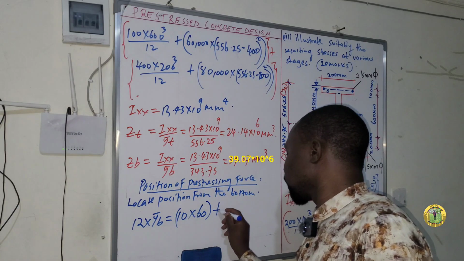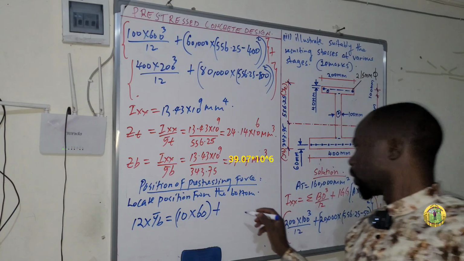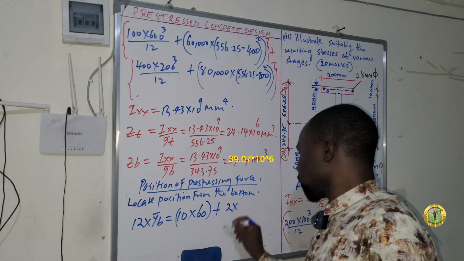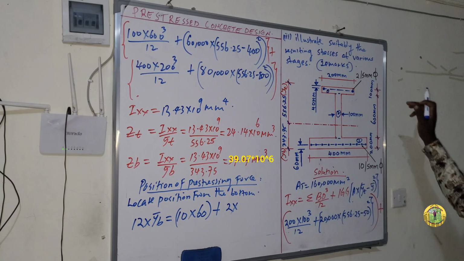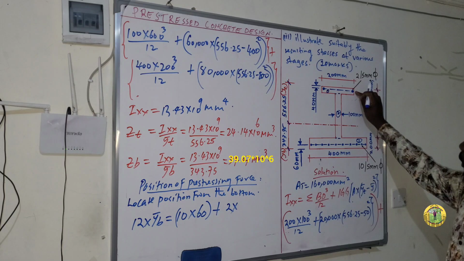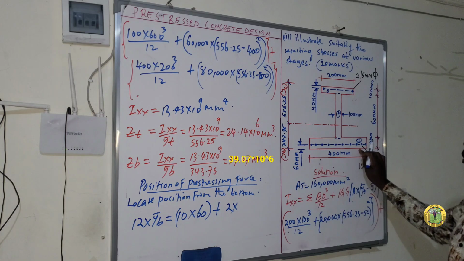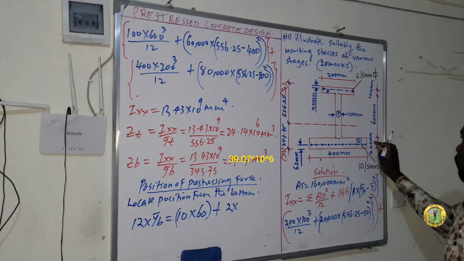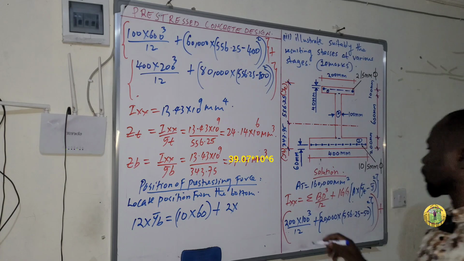Then plus, we come to the top one, 1, 2. We have 2 times the distance from where the cable is to the bottom part of this section. So we are supposed to add this distance, which is 200 plus 600 plus 100, which is 900.